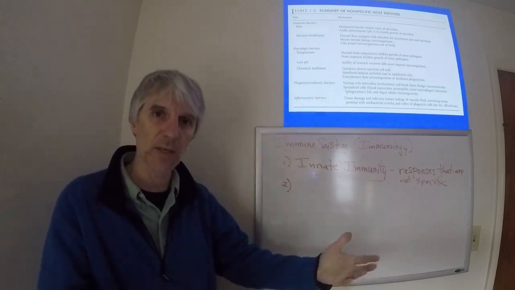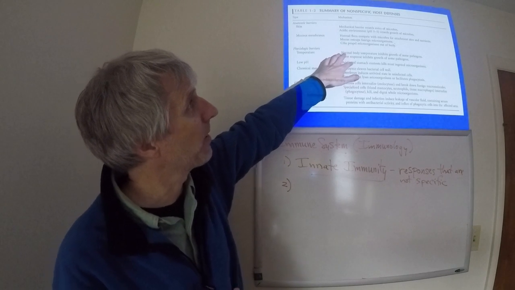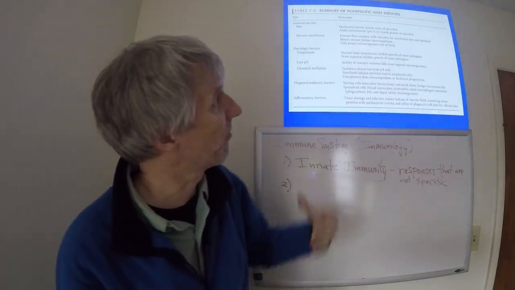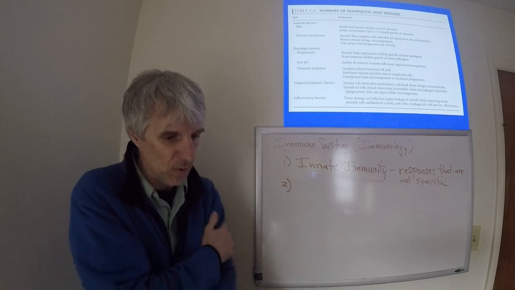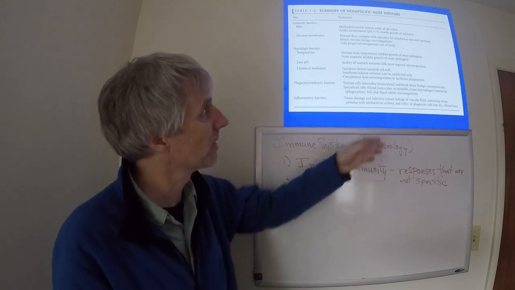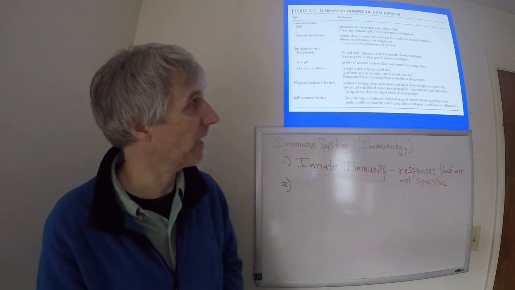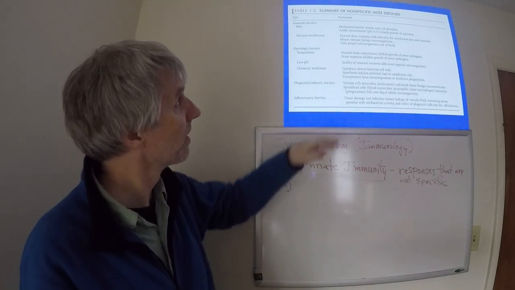So your skin, your integument, functions as an anatomical barrier to prevent the entry of microbes. We also secrete substances onto the surface of our skin to decrease the pH, to make it more difficult for a lot of organisms to live there.